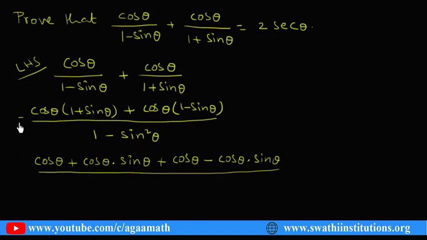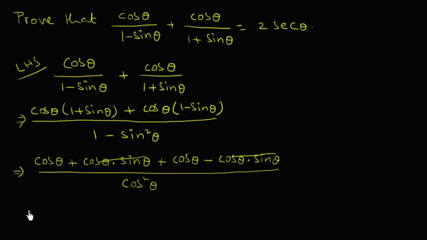1 minus sin square theta is written as cos square theta. The plus cos theta sin theta and minus cos theta sin theta get eliminated. So cos theta plus cos theta is 2 cos theta, by cos square theta, which can be written as cos theta into cos theta.